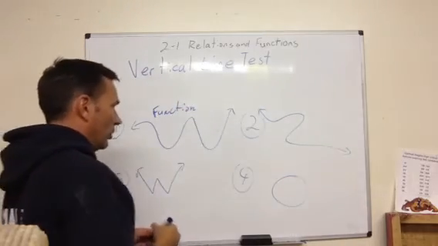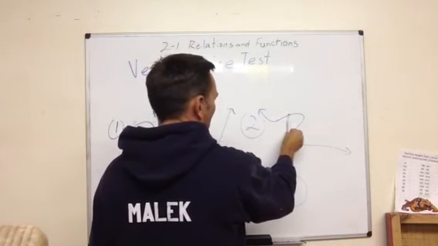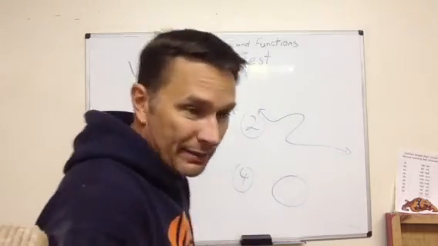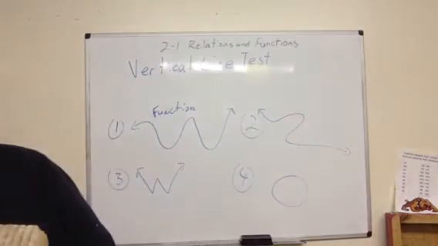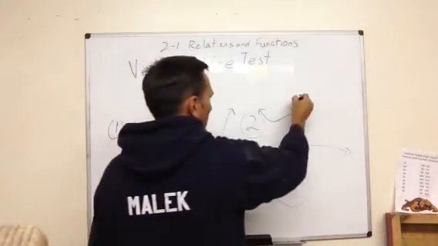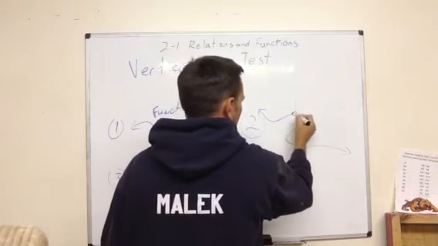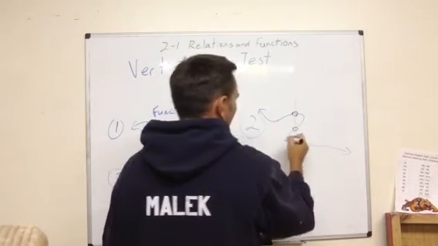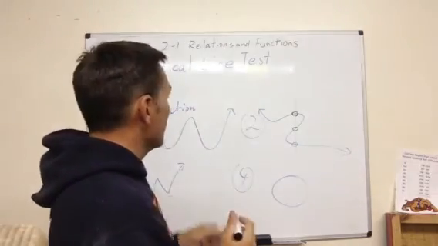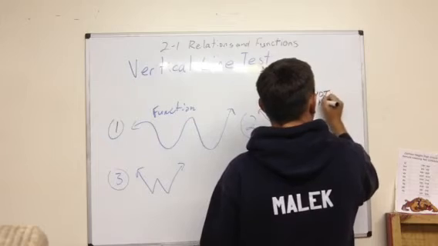If we look at number 2, going with my marker, and whoa! Right here, it's hitting it more than once. If I drew a vertical line right there, it's hitting at that spot, and that spot. It's hitting in 3 spots. Therefore, this fails the vertical line test, and this is not a function.